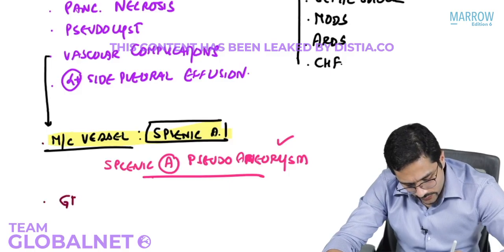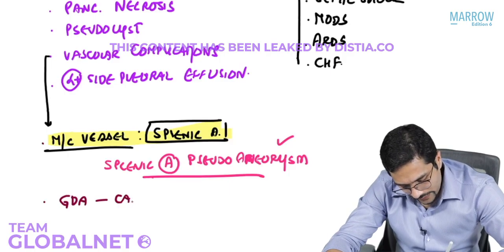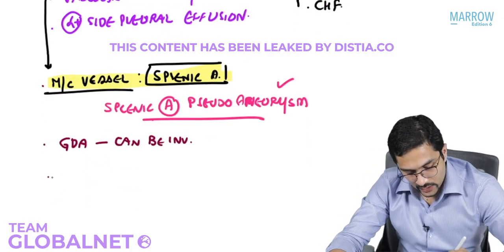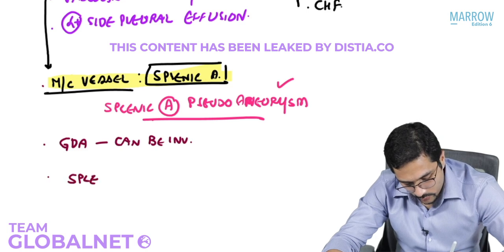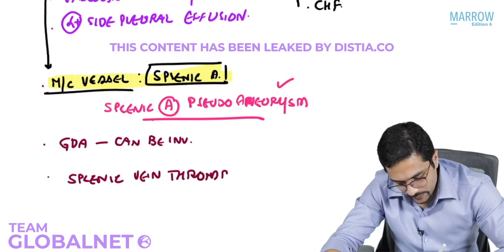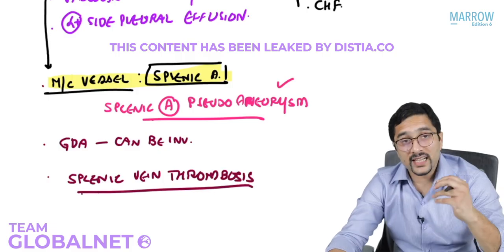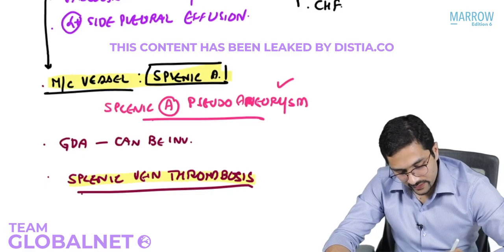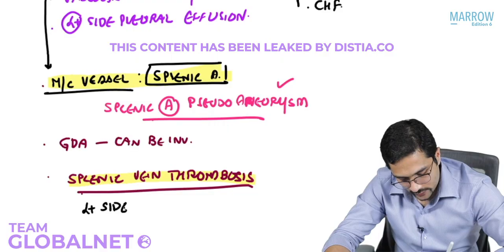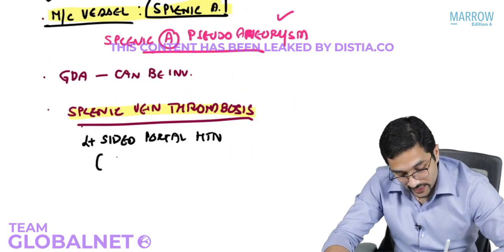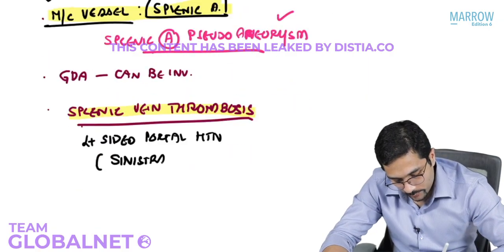The gastroduodenal artery can also be involved in acute pancreatitis. Also, there can be splenic vein thrombosis. I have discussed in the module on upper GI hemorrhage that splenic vein thrombosis can give rise to left-sided portal hypertension. Another name for this portal hypertension, given in Bailey, is sinistral portal hypertension.